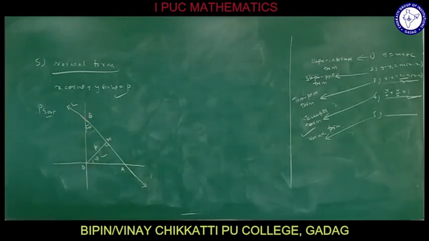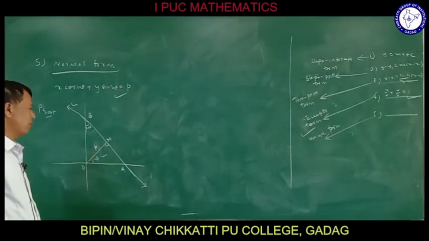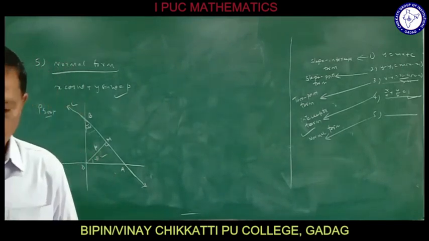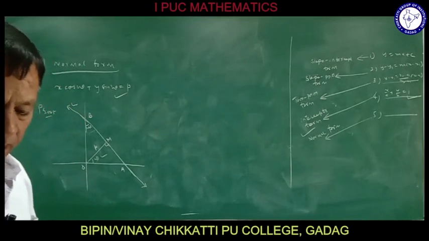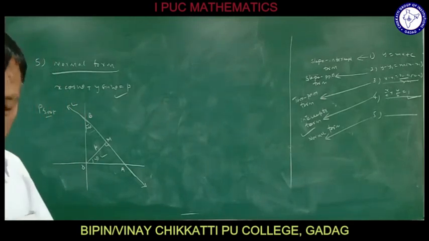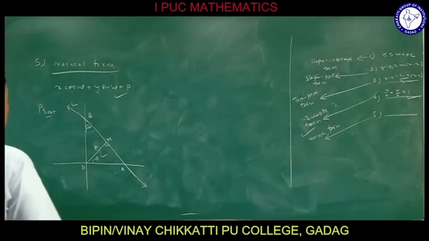Now we have to go for how we write the form. What is small p? Small p is the perpendicular distance of that line from the origin, and accordingly you can find out the results here. Suppose that it cuts the x-axis at A and the y-axis at B, then the required equation of the line is given according to the intercepts form.